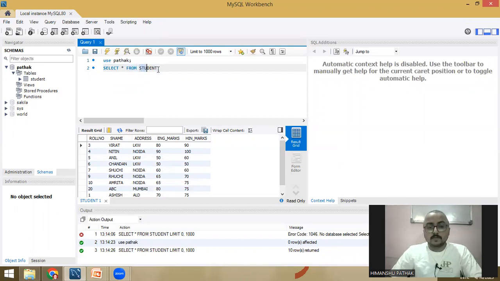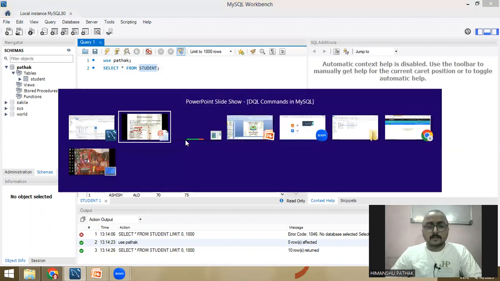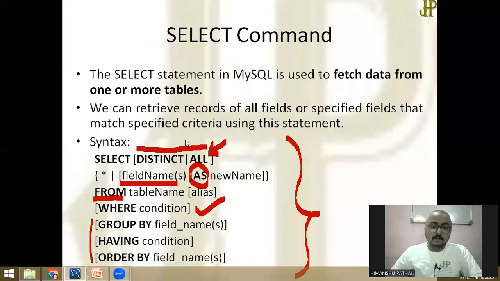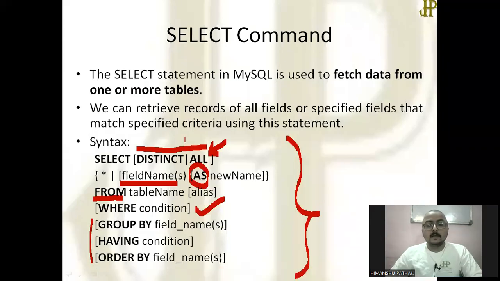From table student. So all the columns and all the rows are fetched from the database. Here you can see. Okay, so this is the basic requirement, and then all other things can be put as per the requirement.